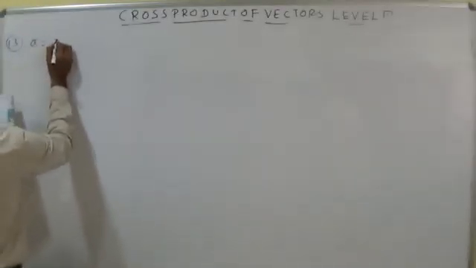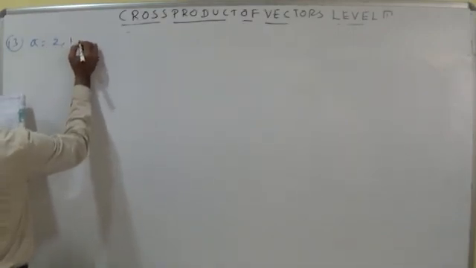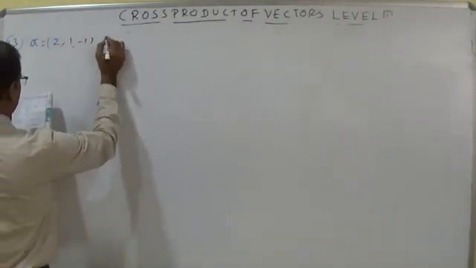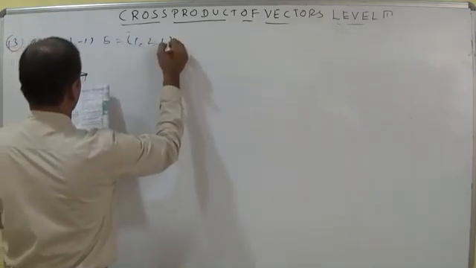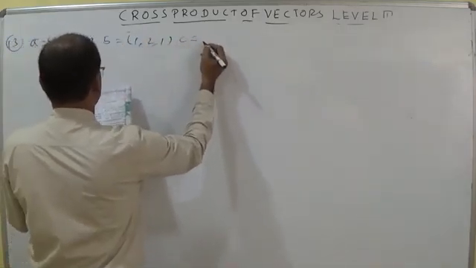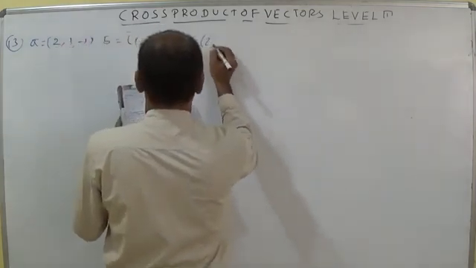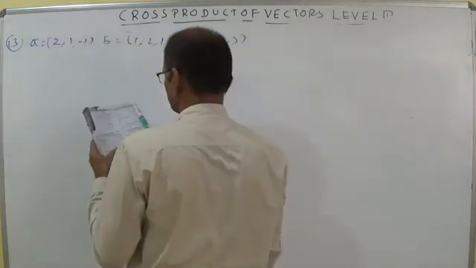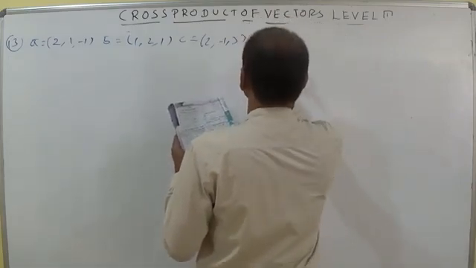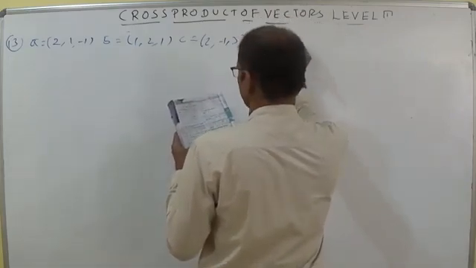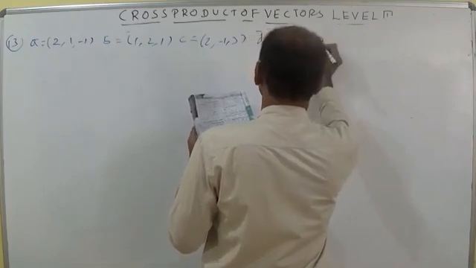13th one. A bar is equal to 2 comma 1 comma minus 1. B bar is equal to 1 comma 2 comma 1. C bar is equal to 2 comma minus 1 comma 3. And D bar also given. D bar is equal to 3 comma minus 1 comma 2.